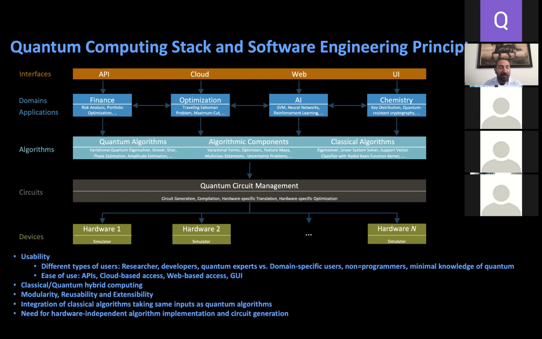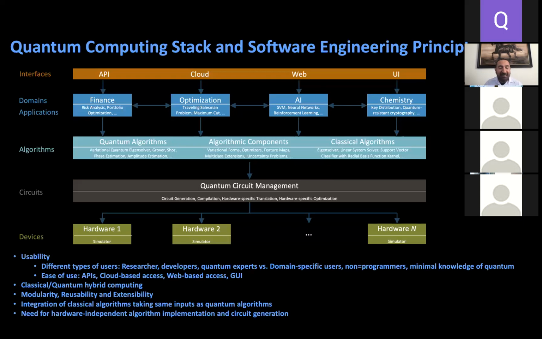The generation of the inputs to the quantum algorithms is performed by the application layer. The application layer is responsible for taking data, for example, the data of a financial institution, and from that data creating the input to the quantum algorithms.